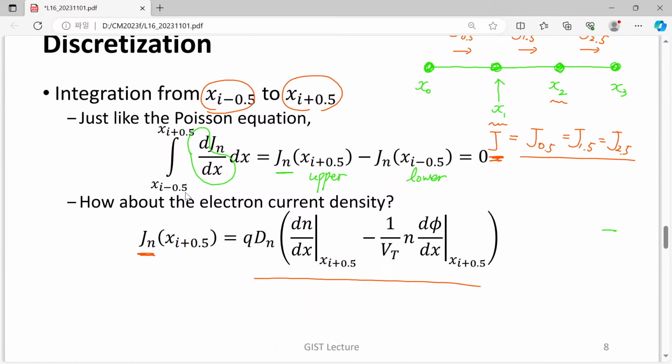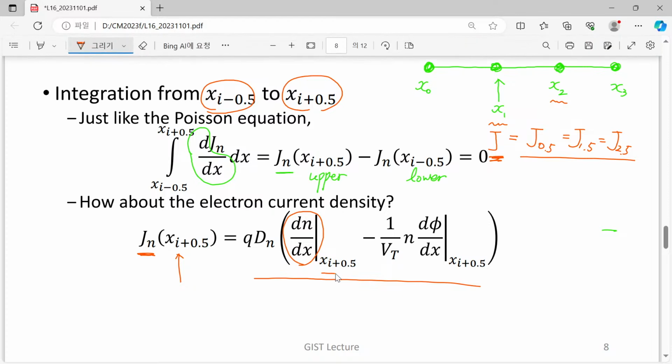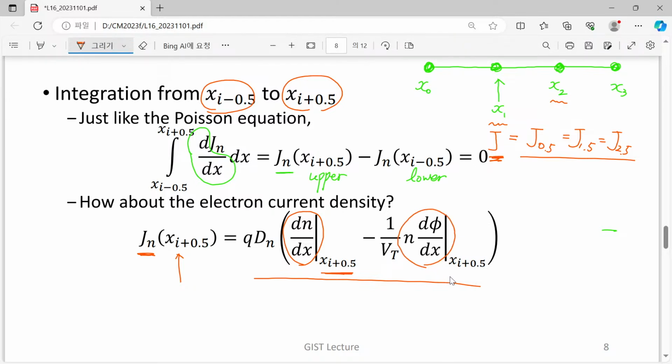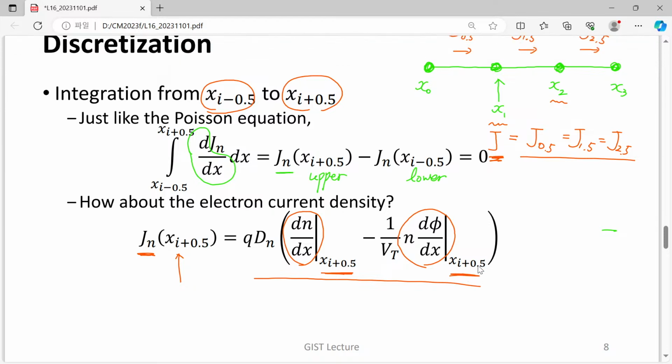But right now, if we just evaluate this quantity at i plus half, then we must calculate these quantities: the first derivative of electron density at the midpoint, and also n times d phi over dx evaluated at this midpoint.